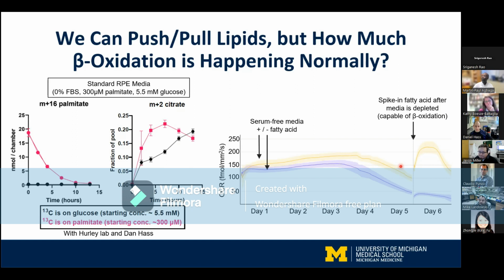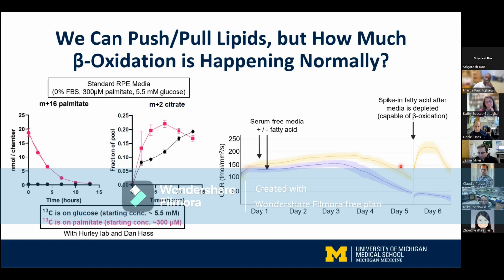Is it palmitate conjugated with fatty acid-free BSA, for example, just to increase the solubility, or just palmitate? No, I'm sorry, this is all BSA-palmitate conjugation. Okay, great.